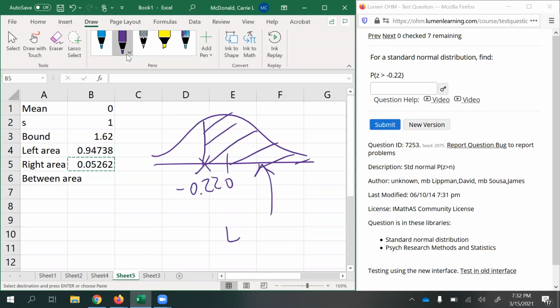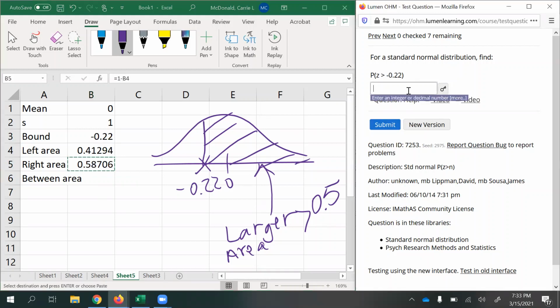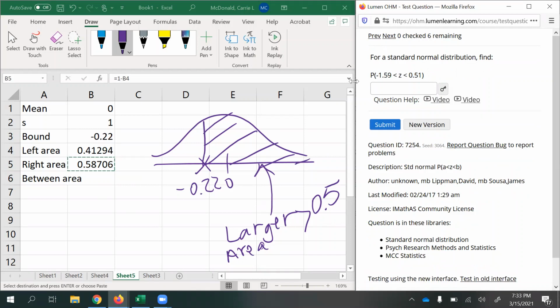This is a larger area, and it's definitely going to be greater than 0.5, greater than half. So I like to have you guys think about that before you even find your answer, just to make sure that when you're entering your answer, it makes sense to you. See how that's more than 0.5? So it's more than half of the total area under the curve. So that makes sense.